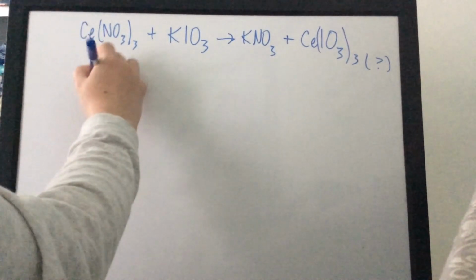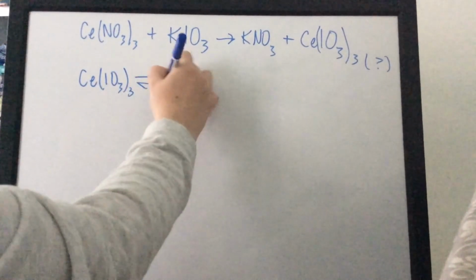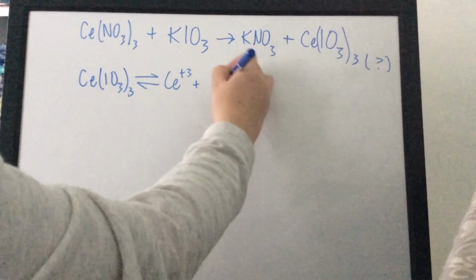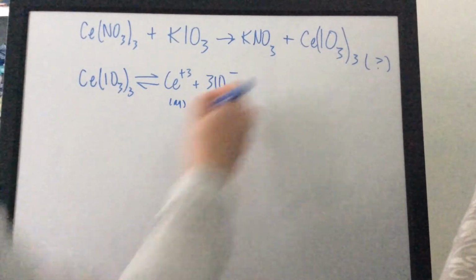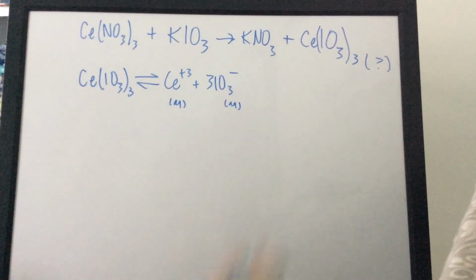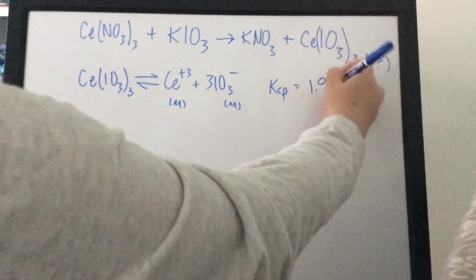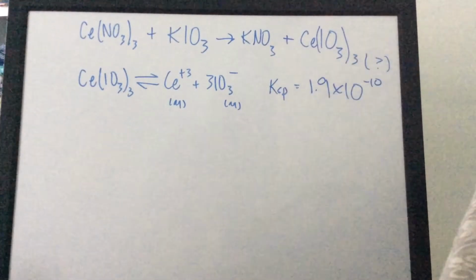So the equilibrium that I'm interested in studying here. They told me that KSP for this compound is 1.9 times 10 to the negative 10. That was given to me in the problem.